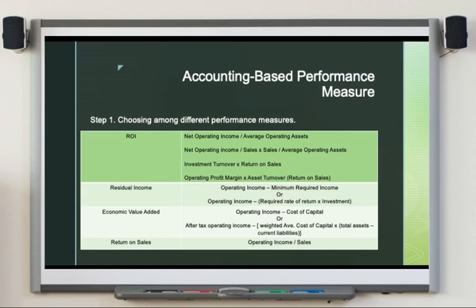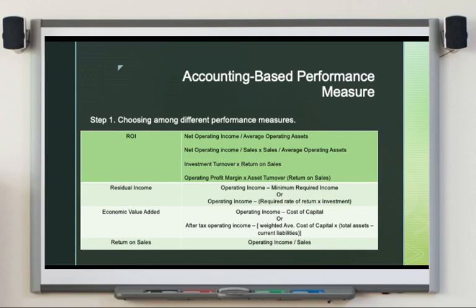Now, normally, a unit managed by a responsible person is expected to produce an output or an income or generate a cash flow which will add to the total income or cash flow of the entire organization.